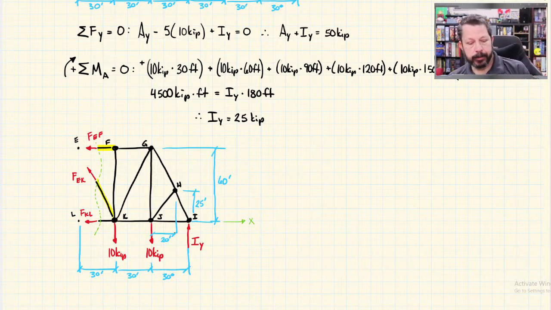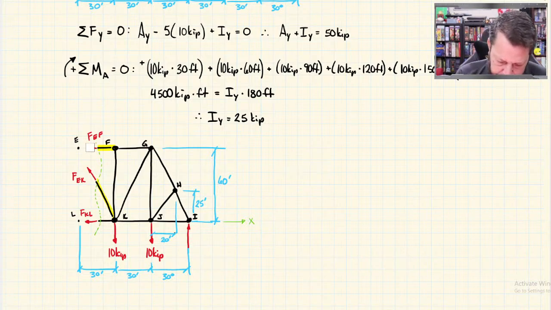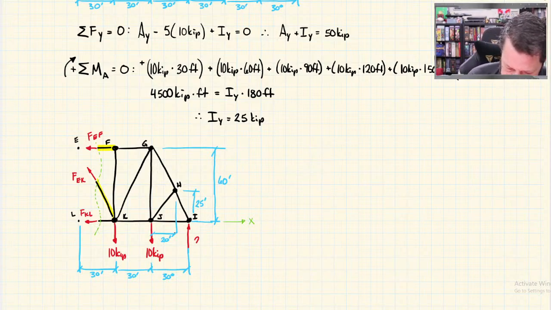You don't have to, but normally you alphabetize the letters when you have a truss member, FG instead of GF, stuff like that. So what we have done, and IY is not a variable anymore. IY is actually 25 kips.